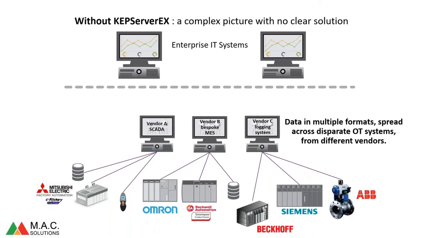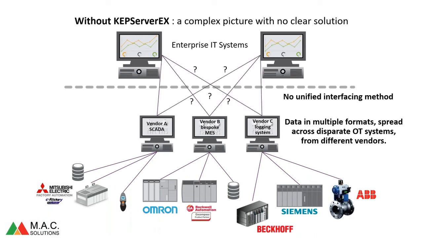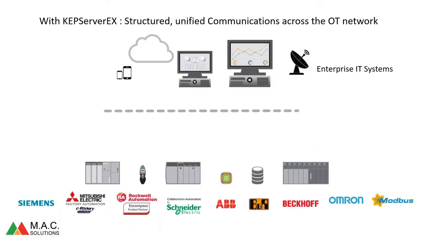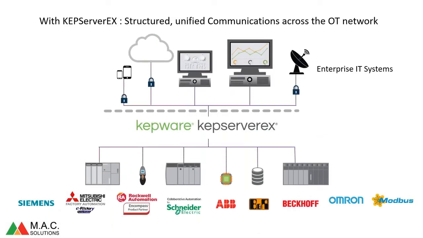There's no unified comm structure, so it's difficult to see a way of creating a unified solution from the OT network up into the IT system, because the data is in different formats across different systems, probably running on different operating systems installed at different times. The job of KEPServer is to stratify and simplify this by connecting to all of the devices on the shop floor in one go.